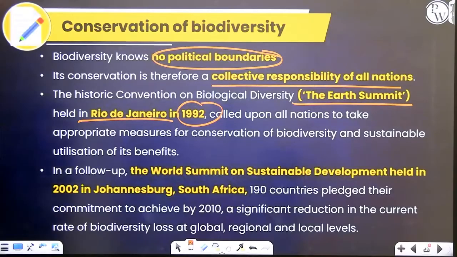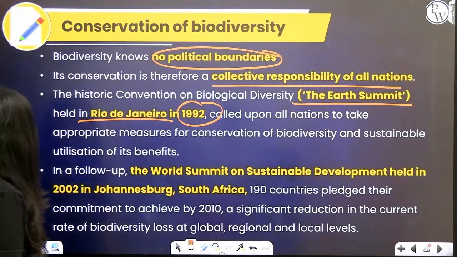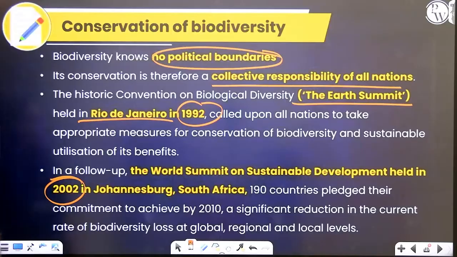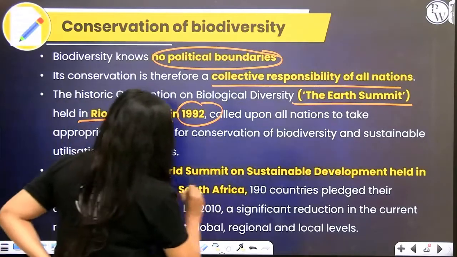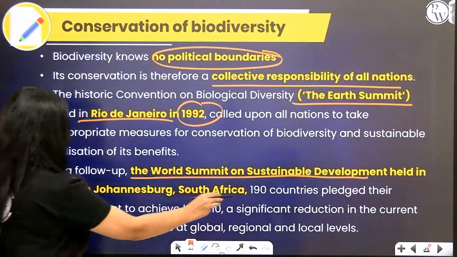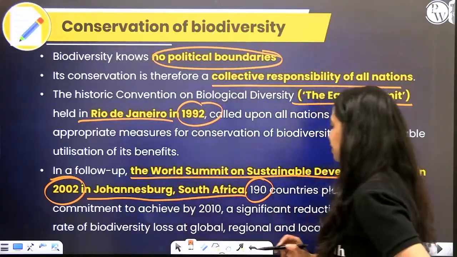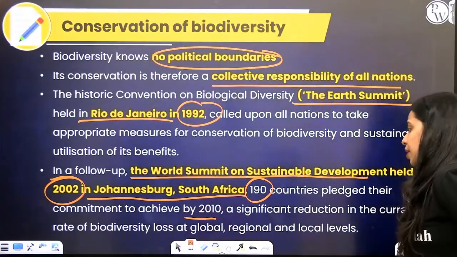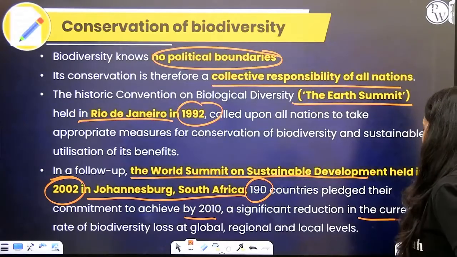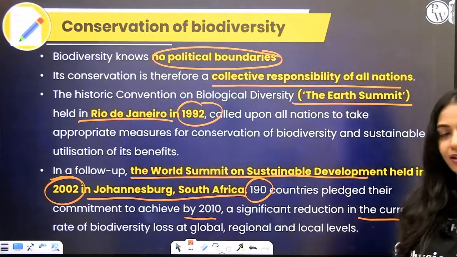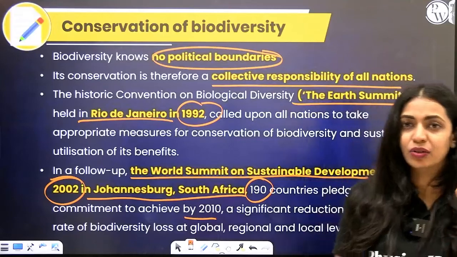All of these nations took measures for conservation of biodiversity and sustainable utilization of whatever we get from nature. As a follow-up, 10 years later, in 2002, the World Summit on Sustainable Development was held in Johannesburg, South Africa. Over here, 190 countries pledged that by the year 2010, a significant reduction would happen in the current rate of biodiversity loss and species extinction at global, regional, and local levels.